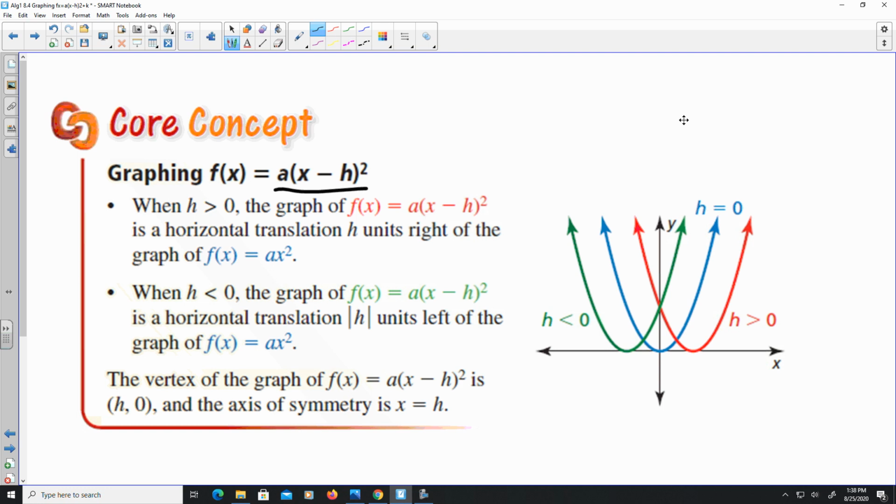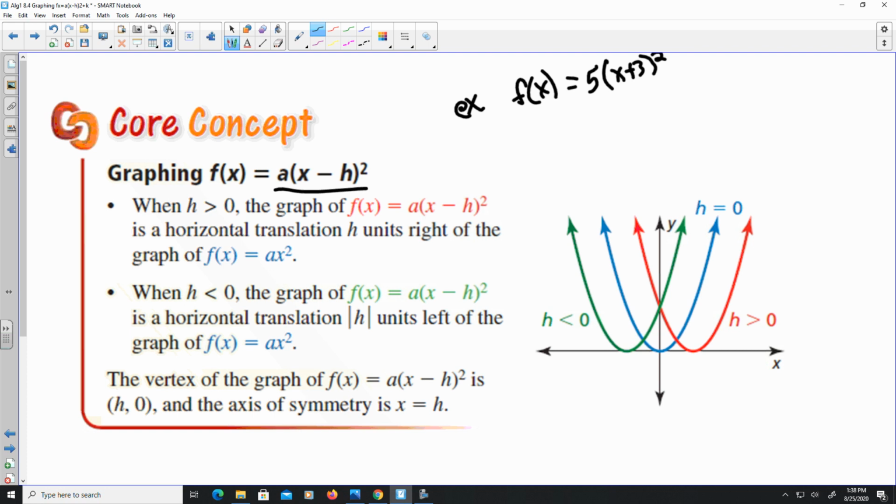The h inside the parentheses is the shift right or left of the vertex. For example, let's say I had f of x equals 5 times the quantity x plus 3, squared.